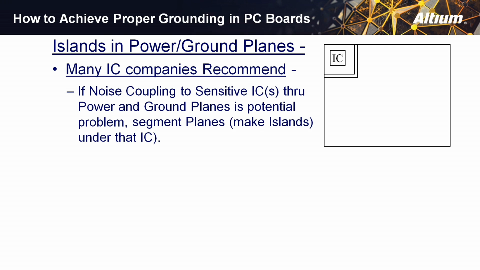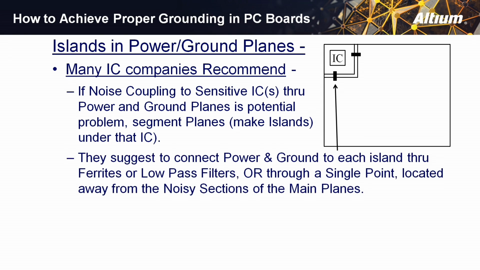And they recommend splitting power and ground below their ICs in that area of the board and coupling power and ground from the main area of the board using pi filters, some type of low-pass filter, an LC or an LCC type of structure to couple power through the splits to the other side of the board.